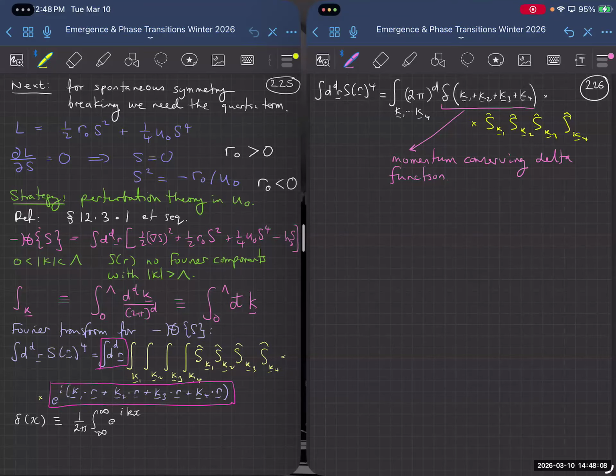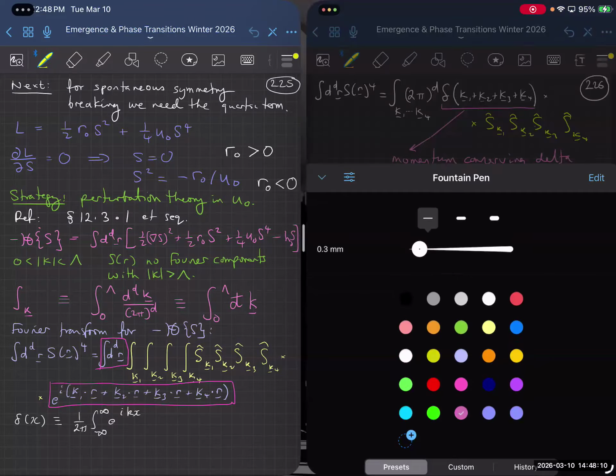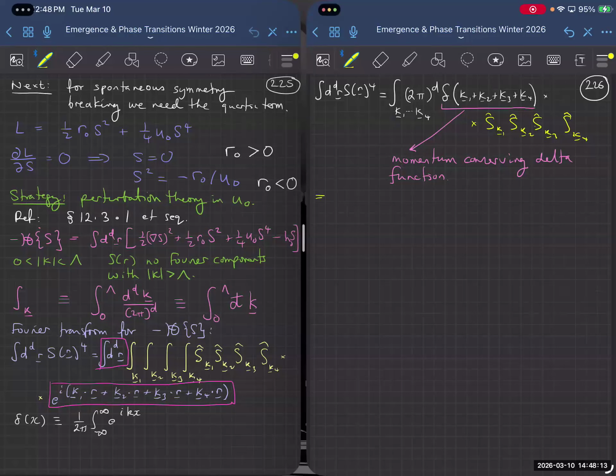Okay, so now let's write down what our Hamiltonian is in this language. Minus the Hamiltonian as a function of the degrees of freedom is equal to 1/2 the integral of (r naught plus k squared) times |s(k)| squared. That's the term that we had before in the Gaussian theory.